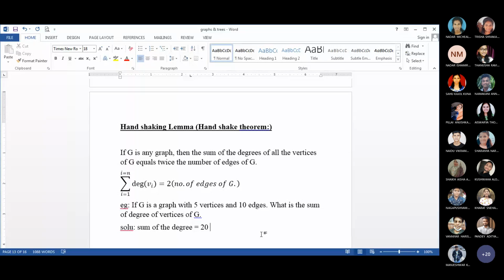Fine. So I hope this is clear. Sum of the degrees is 2 times the number of edges of the graph.